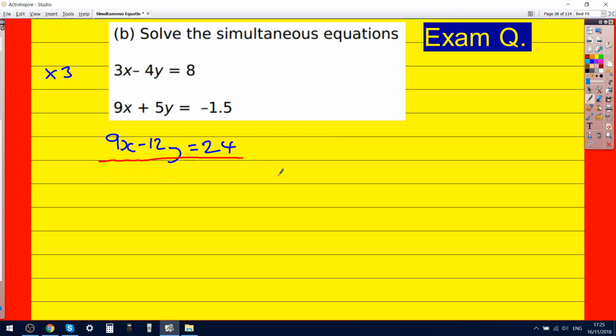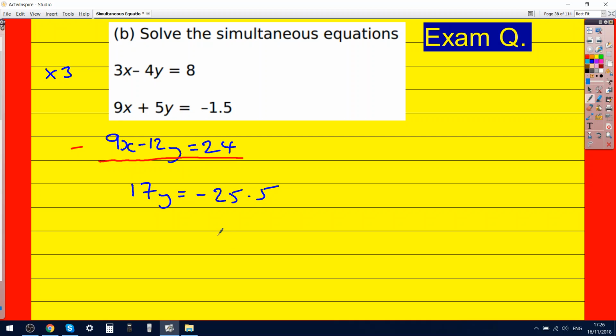So you can get from that a difference of 17y is negative 25.5.